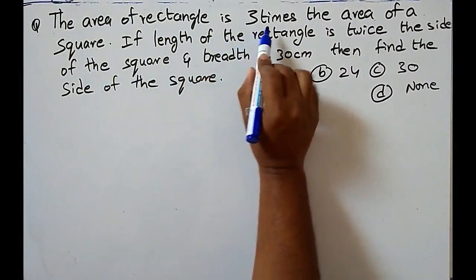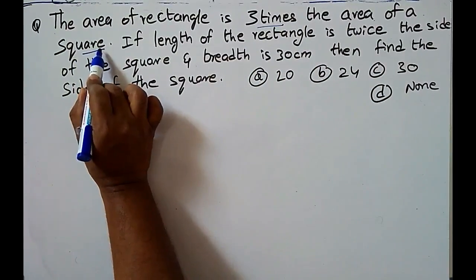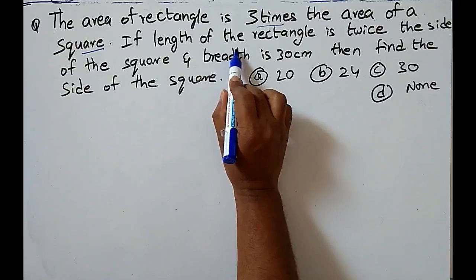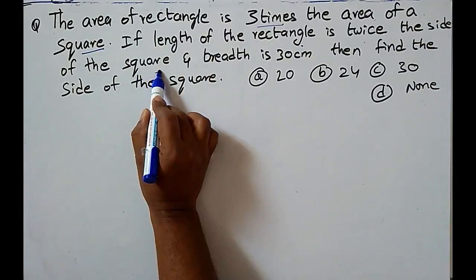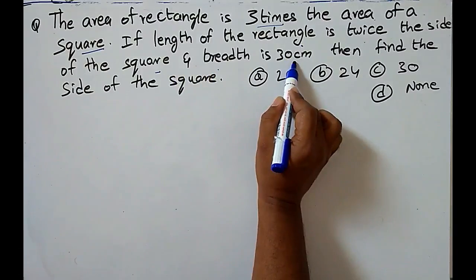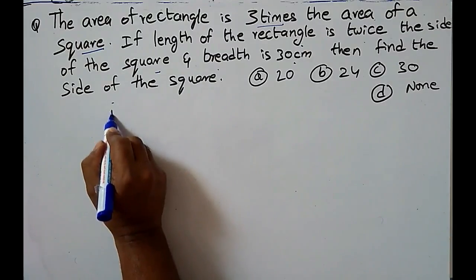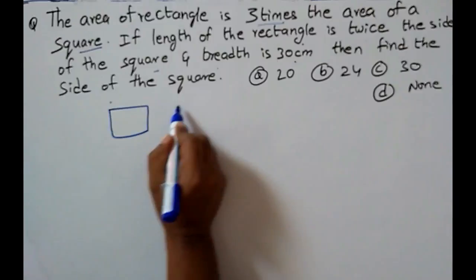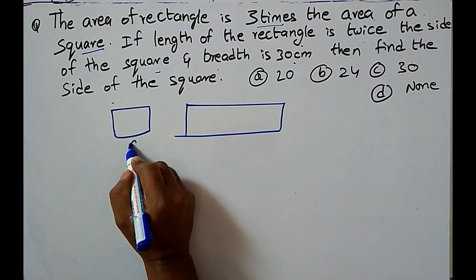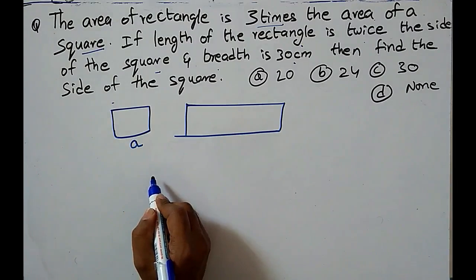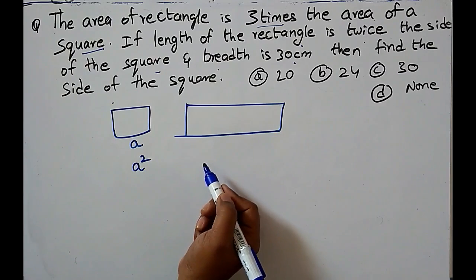The area of a rectangle is 3 times the area of a square. Okay friends, if the length of the rectangle is twice the side of the square and breadth is 30 centimeters, then find the side of the square. Here there is a square and there is a rectangle. Suppose the side of the square is A, then the area becomes A square.